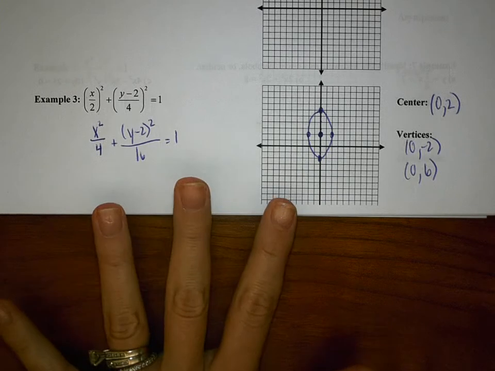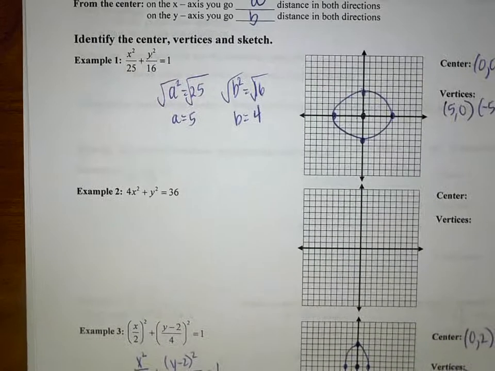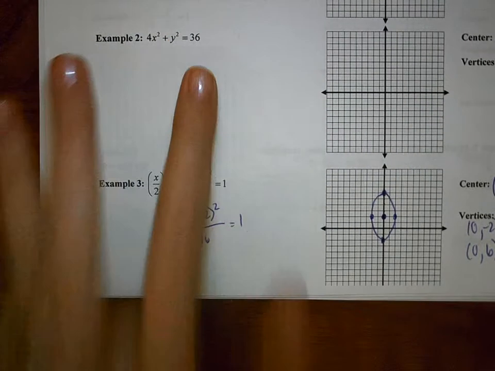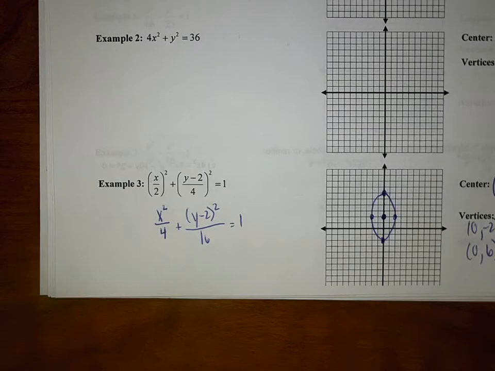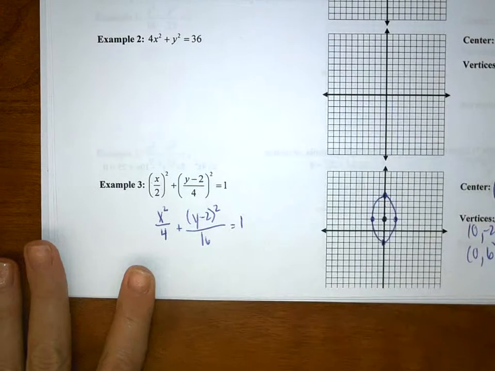Okay, so we still have to go back to example 2. There were 2 things on here that we need to remember. One of them is that it should always equal 1. Do you see on example 2 how it doesn't equal 1? So what could I do to make it equal 1? Close. You're going to divide by 36 because this number is the number that I want to equal 1.